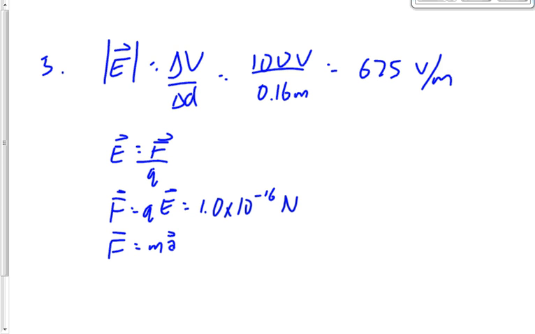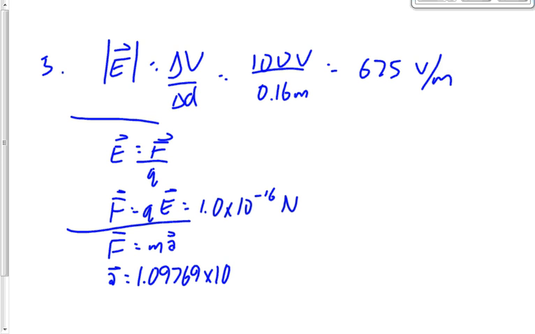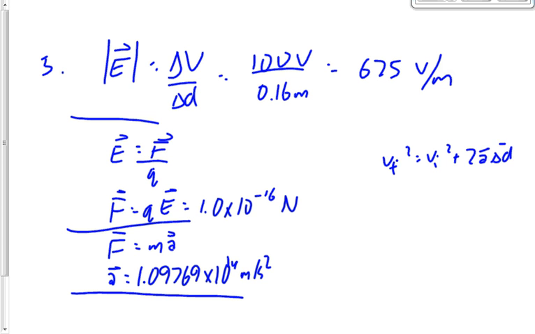So solve for acceleration. What'd you get? I got 1.09769 times 10 to the 14 meters per second squared. And I just used the square root of acceleration times distance. Good. I like that.